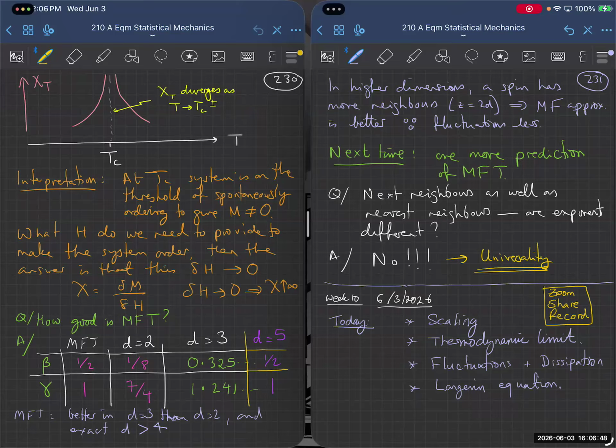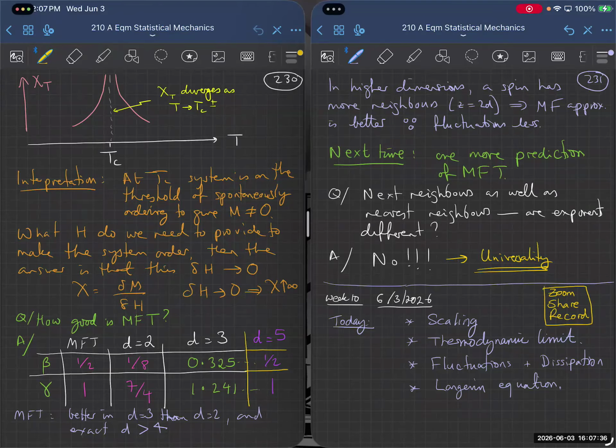In the second column, D equals 2, are the exact results from Onsager's solution, and you can see that they're quite different from the mean field theory ones that we just calculated. In the third column, in 3 dimensions, the renormalization group and computer simulation results are getting closer to the mean field theory results. And in the right-hand column, in 5 dimensions, you can see the mean field theory is exact. And so that was where we ended.